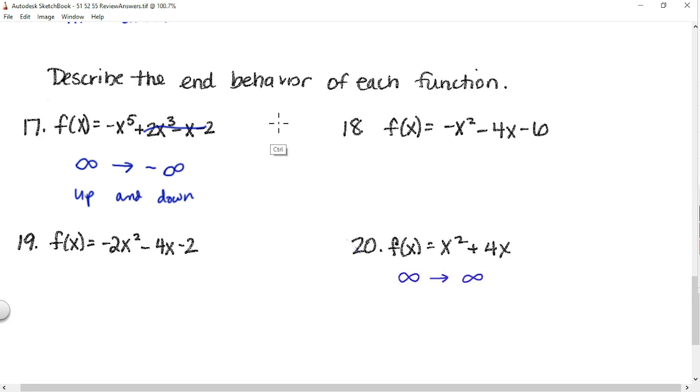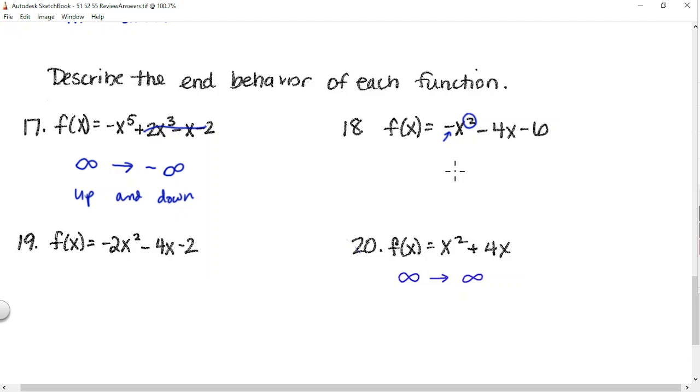And we show that behavior with one of these two notations, and this is the one that we'll probably be using most of the time. So let's look at the next one. The power is even this time. We just look, is it even or odd? And the sign is negative.